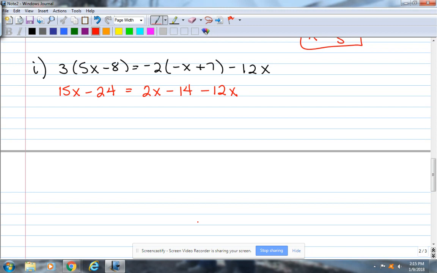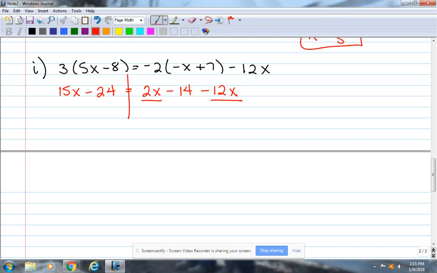Y'all see something that we need to address on that problem so far? Yeah, there's 3 x's. And the reason there's 3 x's is because these two over here on the same side of the equal sign are like terms. Right? So if they're on the same side of the equal sign as each other, then they're like terms and you need to combine them before you start going to both sides of the equation. So what is 2x minus 12x?